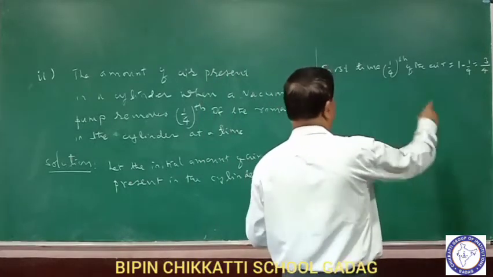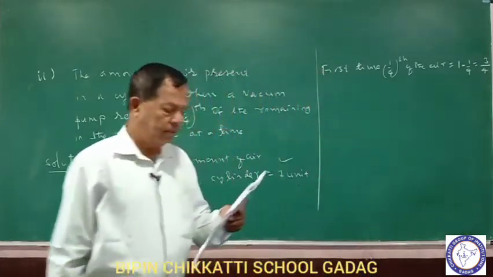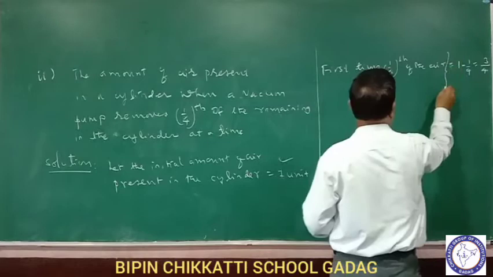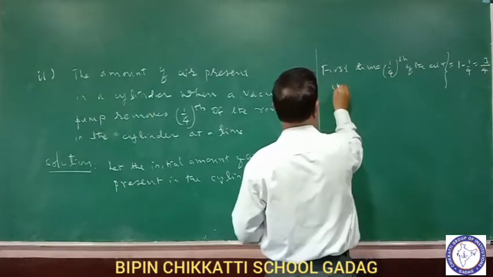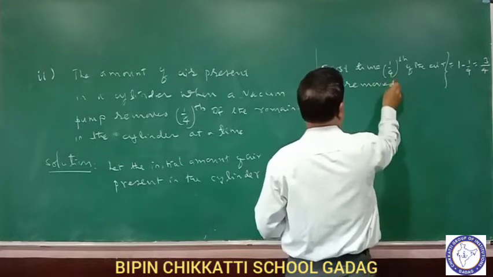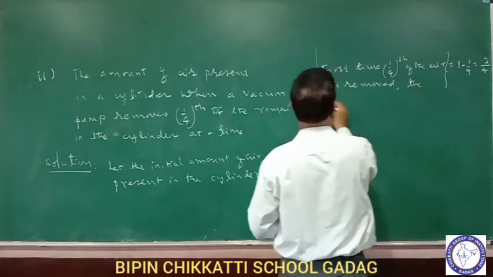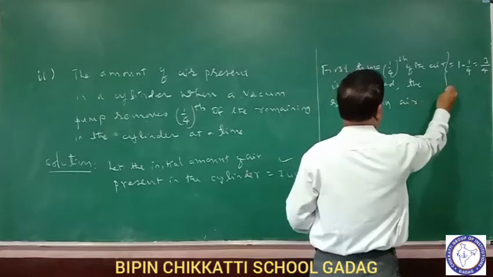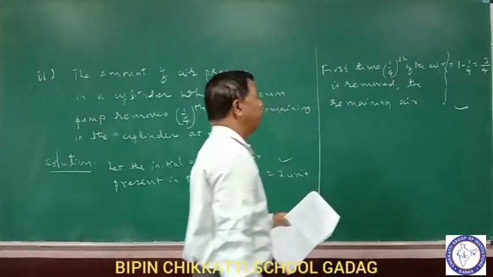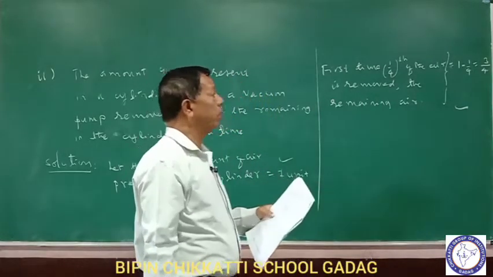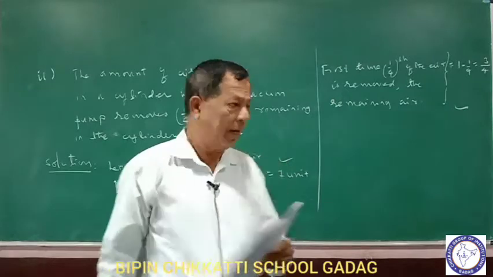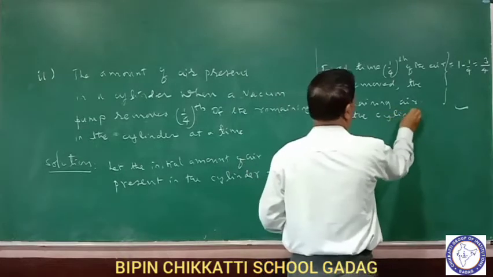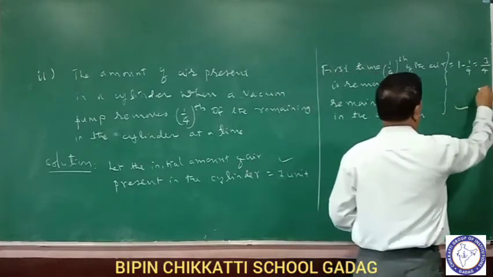So the first time, 1/4 of the air is removed, and the remaining air in the cylinder is equal to 1 minus 1/4, which is 3/4.